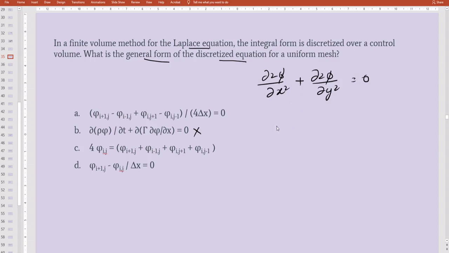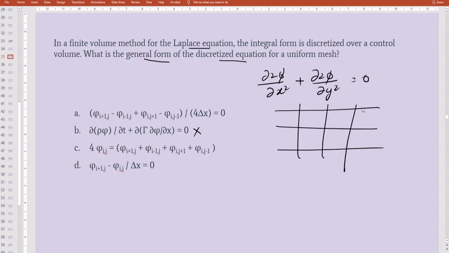Imagine this as a uniform mesh. So let this be our point i comma j. This is i plus 1 comma j. This is i minus 1 comma j.